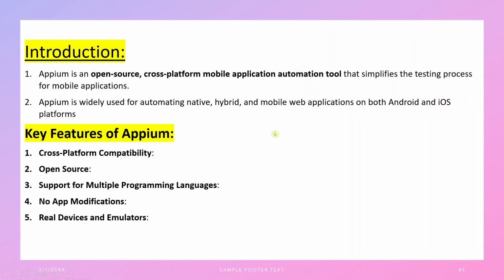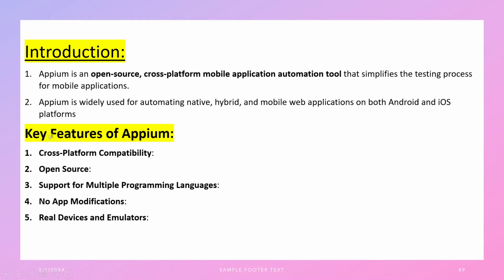Native applications are like our calculator and contacts. Mobile web applications are like Amazon.com and Flipkart.com. We can test native, hybrid, and mobile web applications on both Android and iOS platforms. That's why it is called a cross-platform mobile application automation tool.